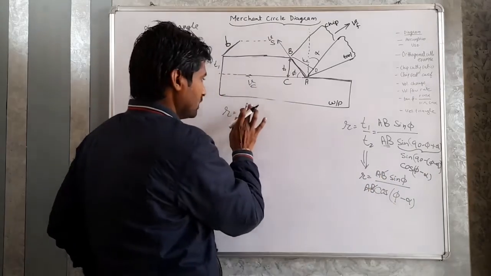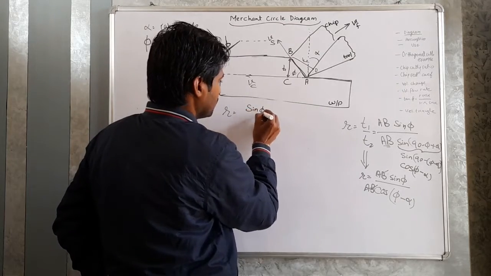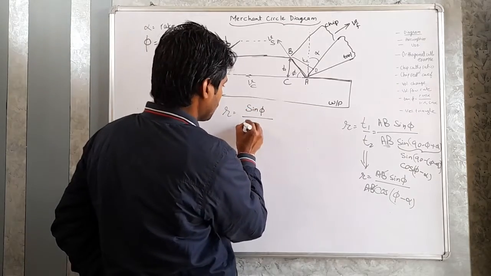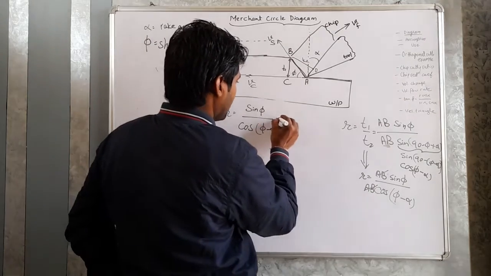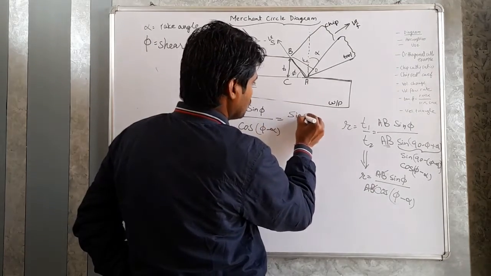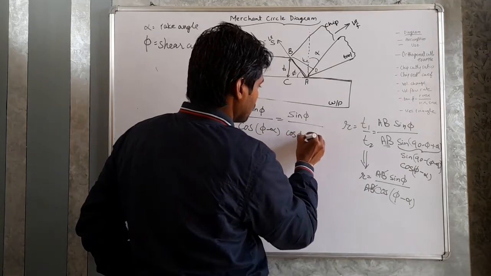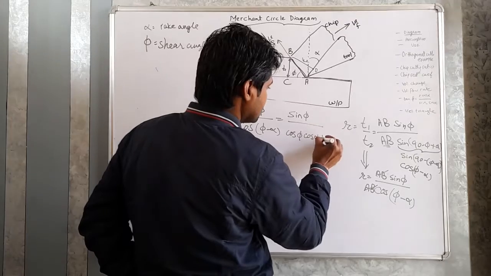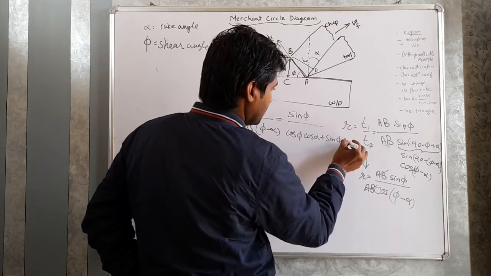So here this will be r equals sin phi divided by cos(phi minus alpha), which is equal to sin phi by cos phi cos alpha plus sin phi sin alpha.